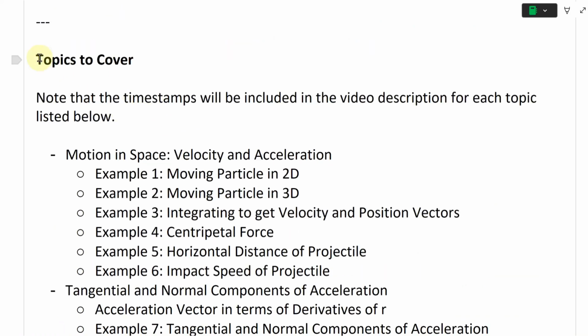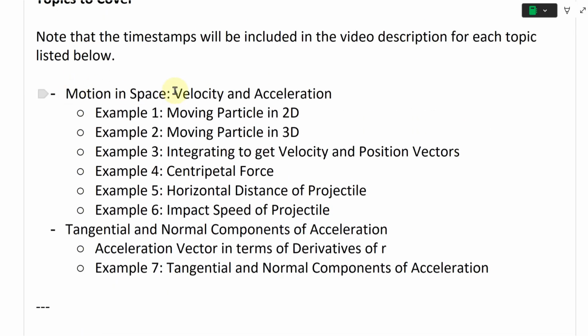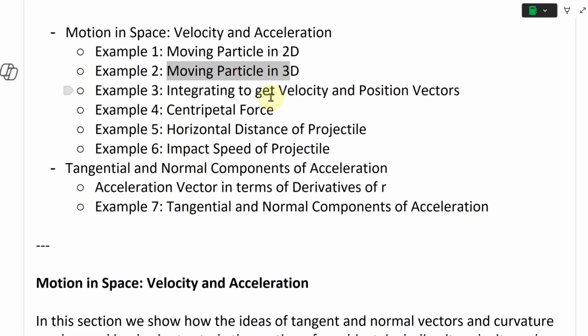Going further, topics to cover. The timestamps will be included in the video description for each topic listed below. We have motion in space, velocity, and acceleration. We'll go over example 1, moving particle in 2D, example 2, moving particle in 3D, and example 3, integrating to get velocity and position vectors. Example 4, centripetal force, example 5, horizontal distance of projectile, and example 6, impact speed of projectile on the ground.